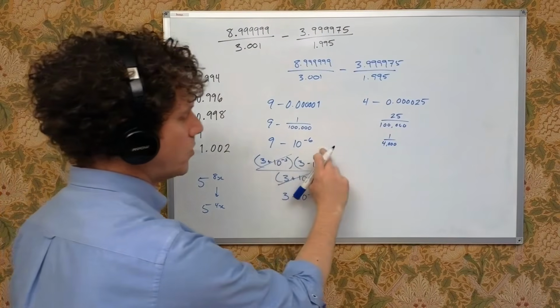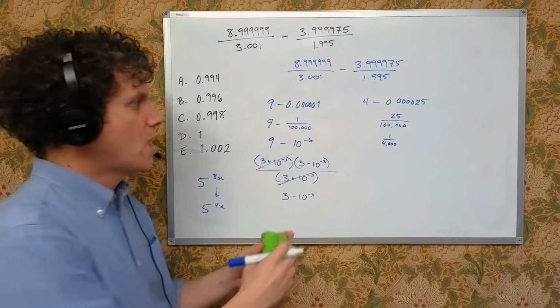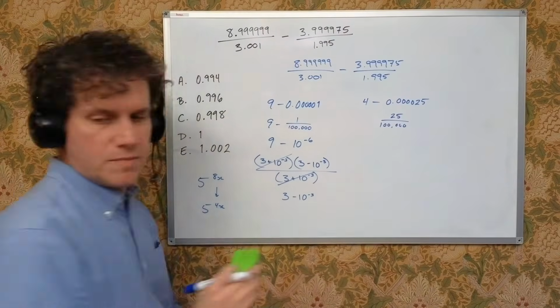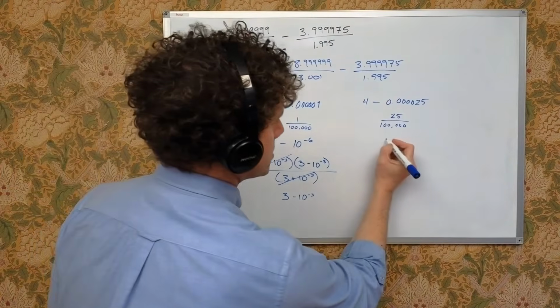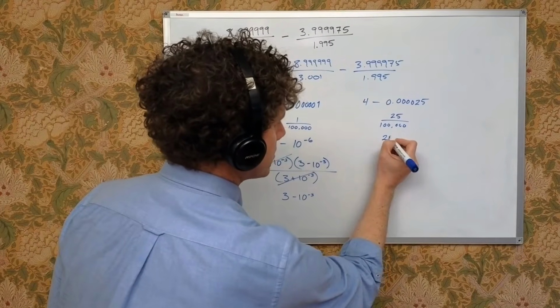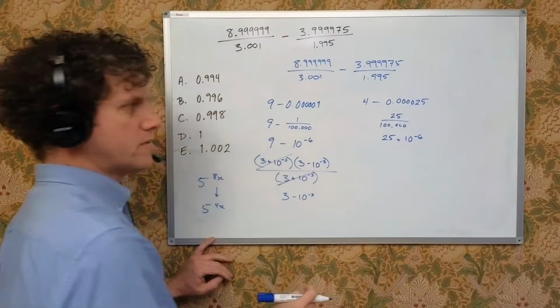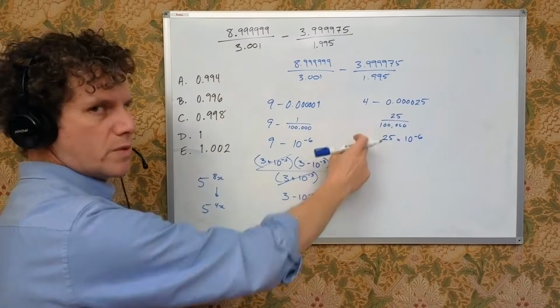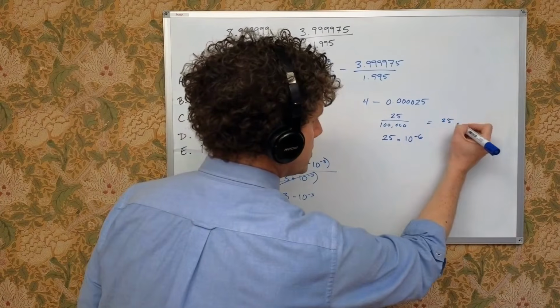Instead, I want to think in terms of scientific notation here. This comes up sometimes on the exam, not a whole lot, but sometimes. This is 25 times 10 to the negative sixth. Because when we write a fraction this way, we can always write it as 2 pieces.